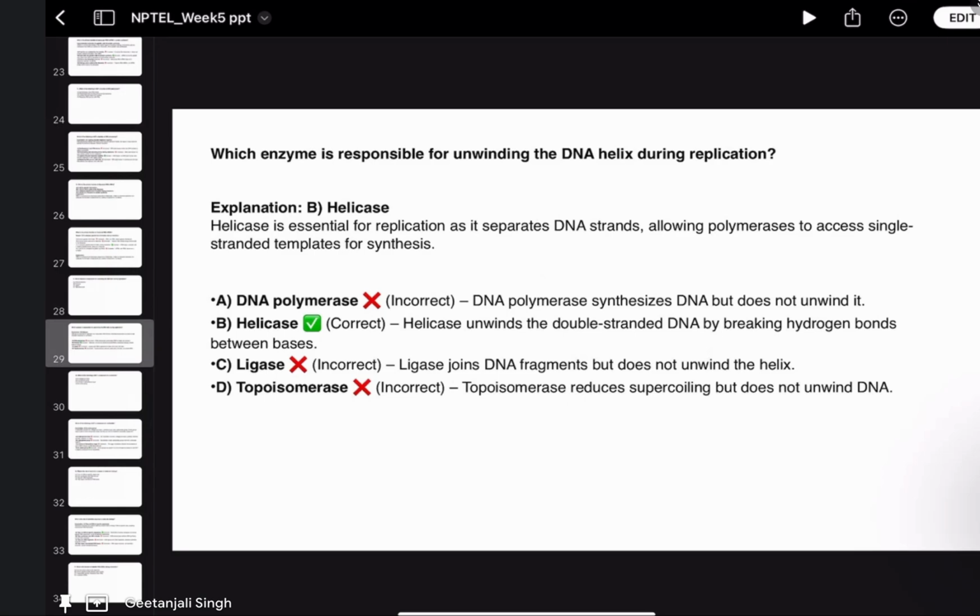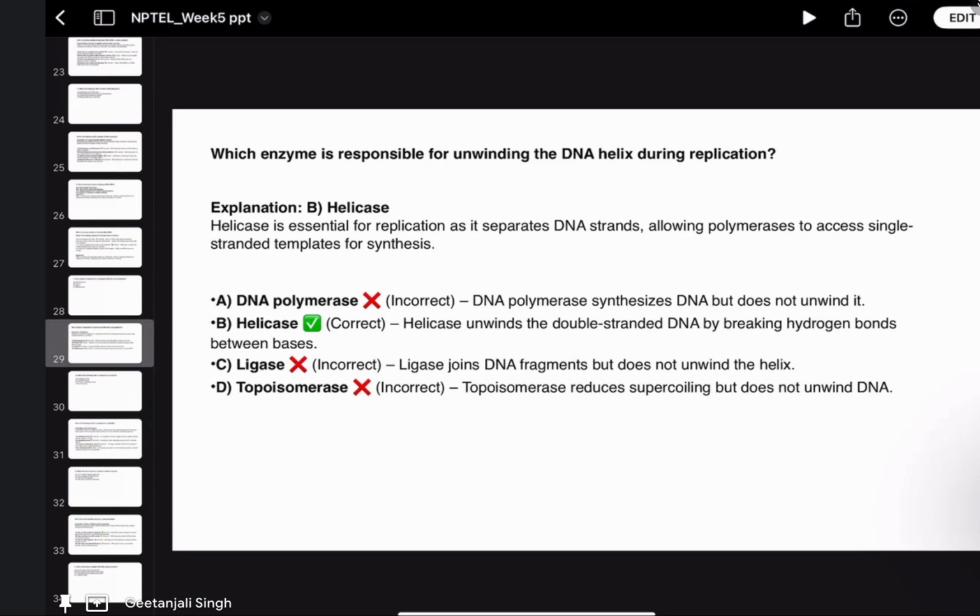for the synthesis. So option A was DNA polymerase. It helps in synthesis of the complementary strand of DNA, but it is not involved in unwinding. Helicase unwinds the double-stranded DNA by breaking hydrogen bonds.